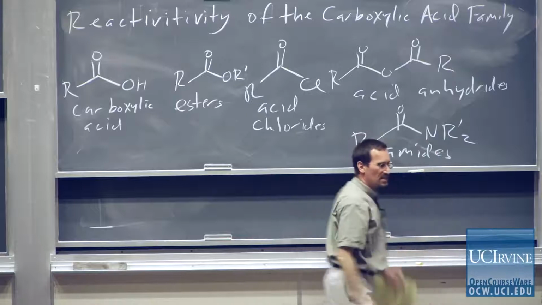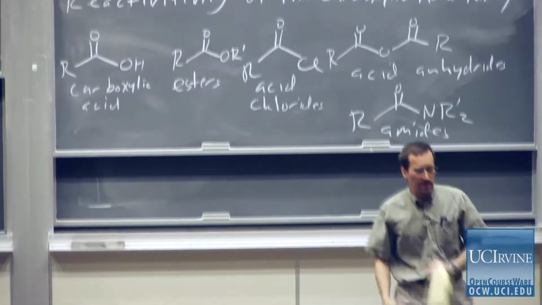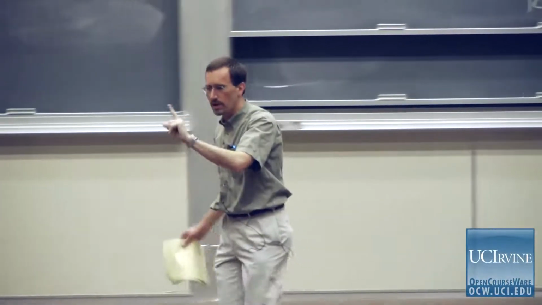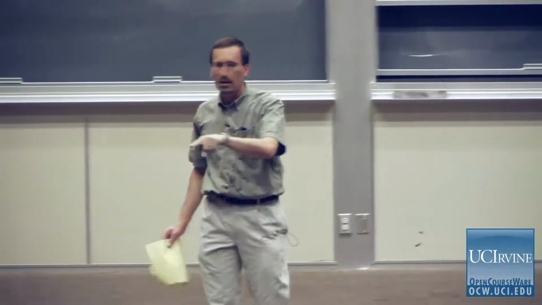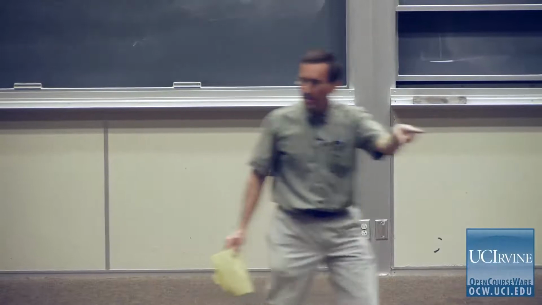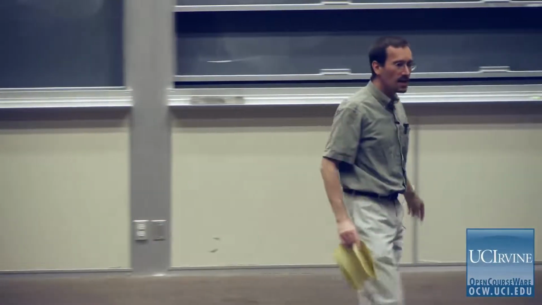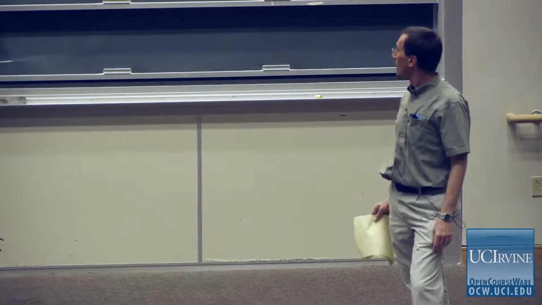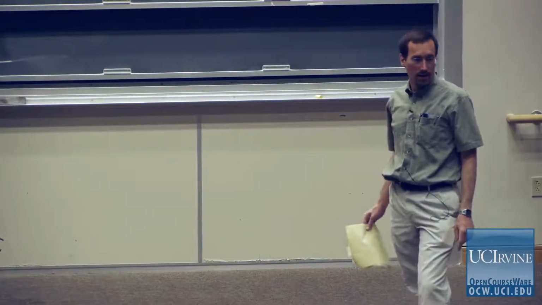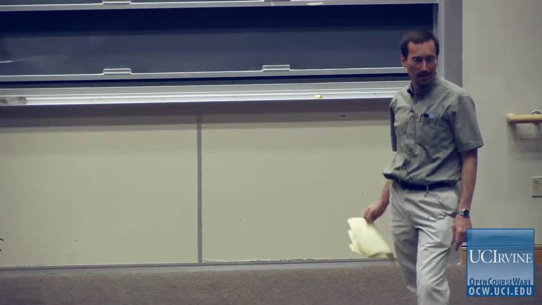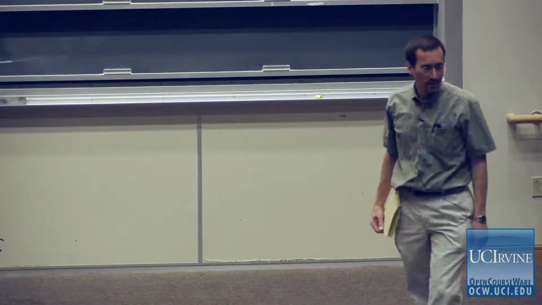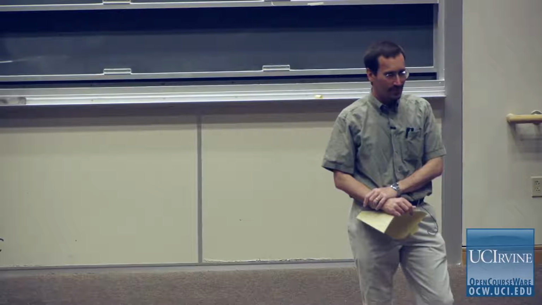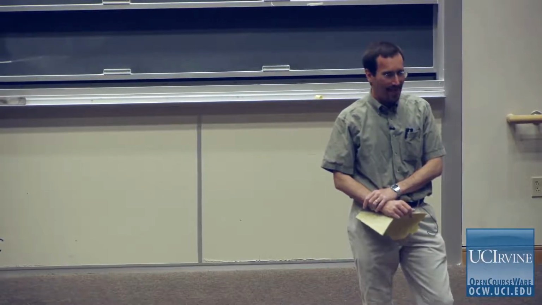But before we discuss their reactions with organometallic reagents, I saw several questions. I think there was one here, one there. Yes? I was just wondering, for that last reaction, where the lithium carbon bond electrons attack the epoxide, does it affect the stereochemistry, whether it attacks the epoxide from the top or the bottom?